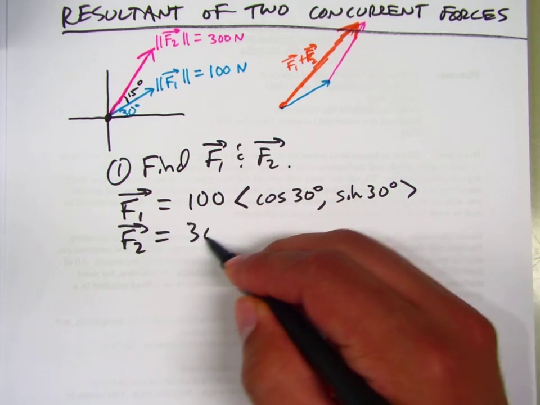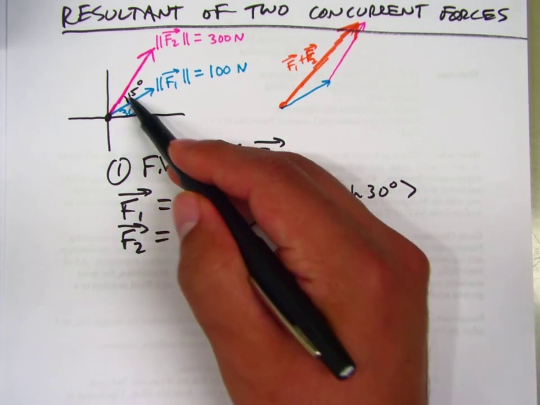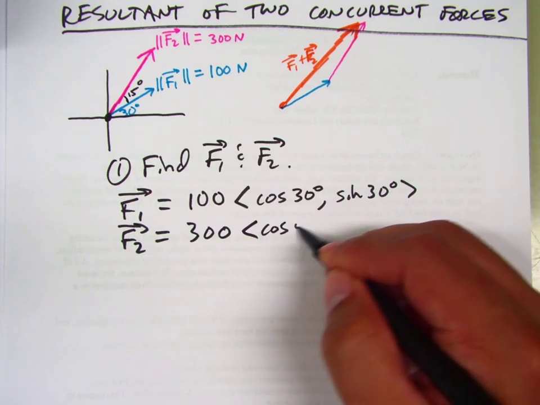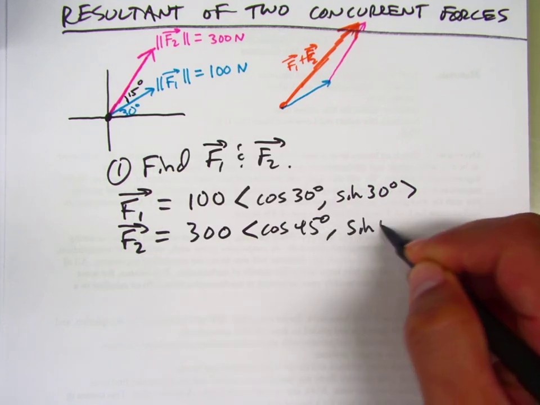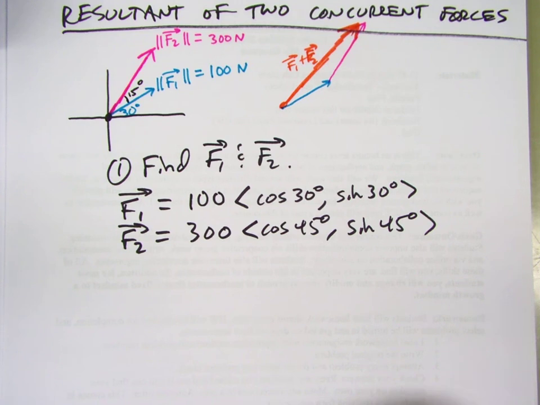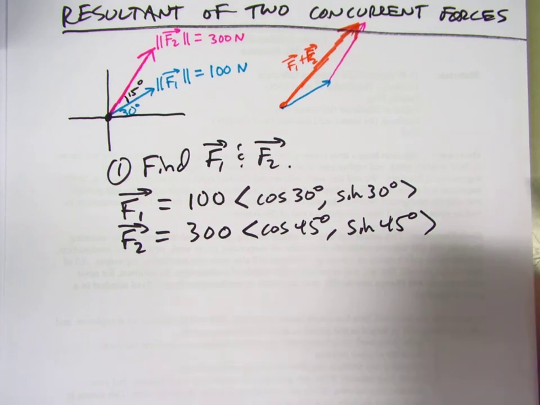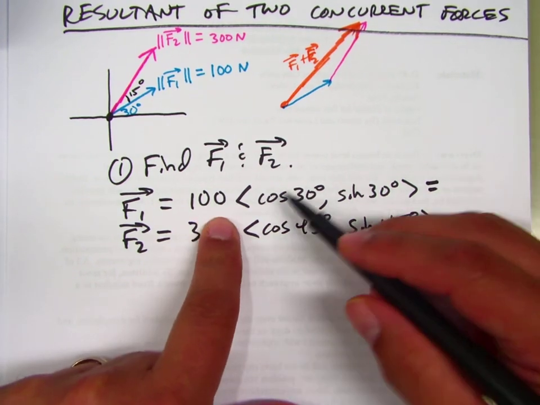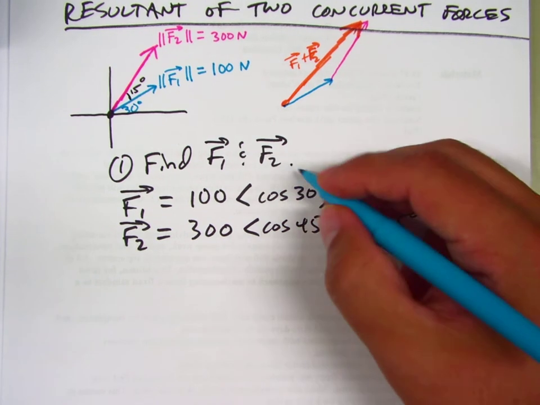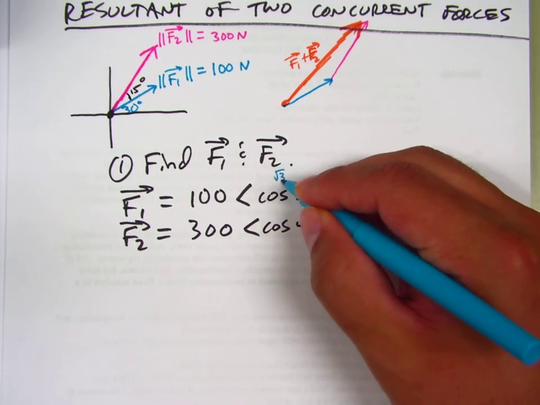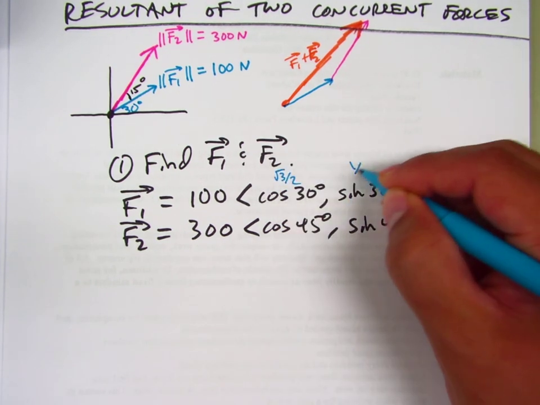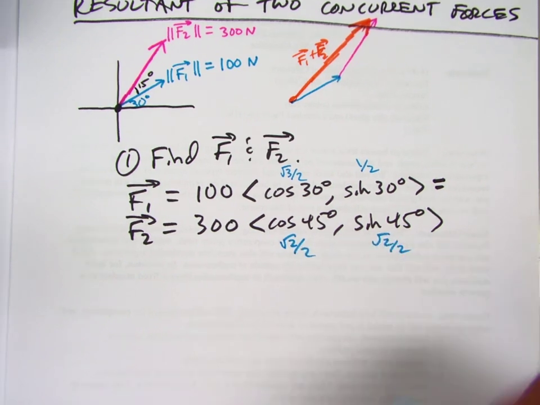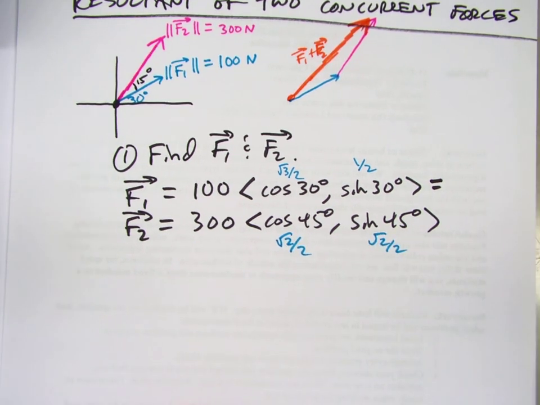F2 has a length of 300, and the angle with respect to the x-axis would be this 30 plus 15 degrees, so that's a total of 45. Okay, so if you go ahead and write out what this looks like, remember that from the unit circle, the cosine of 30 is root 3 over 2, and the sine of 30 is 1/2. The cosine and sine of 45 degrees are both root 2 over 2.